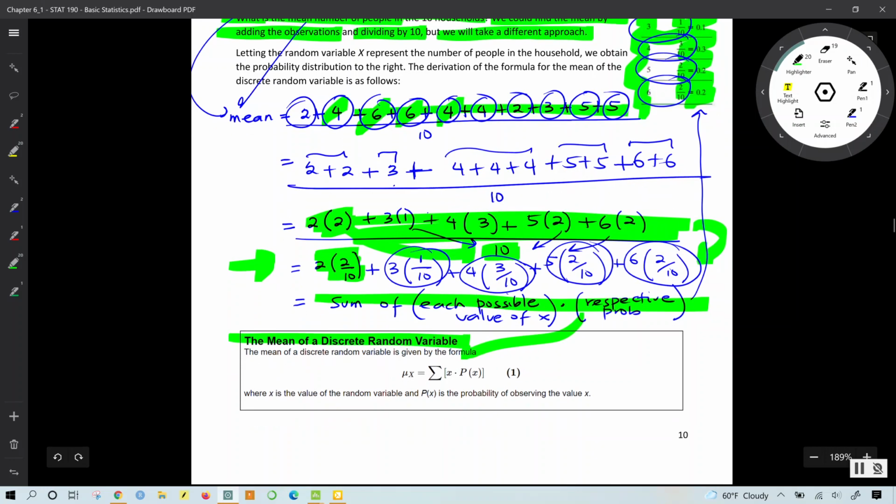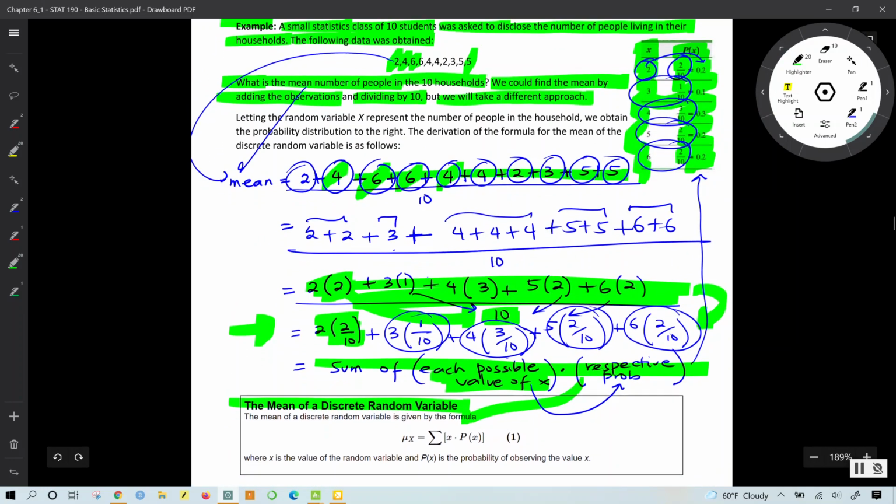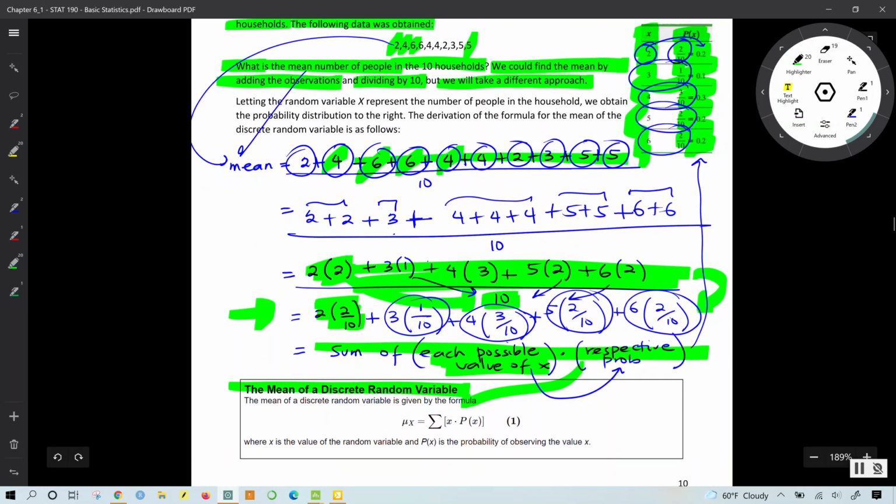For the mean of a discrete random variable, we will take each possible value of x, and multiply it by its respective probability. So we'll get a number of different values, and then at the end, we'll sum it all together in order to arrive at the mean of a discrete random variable.